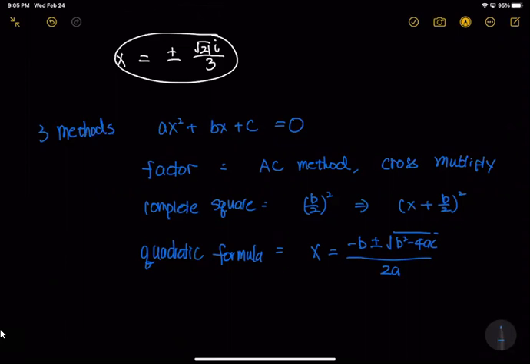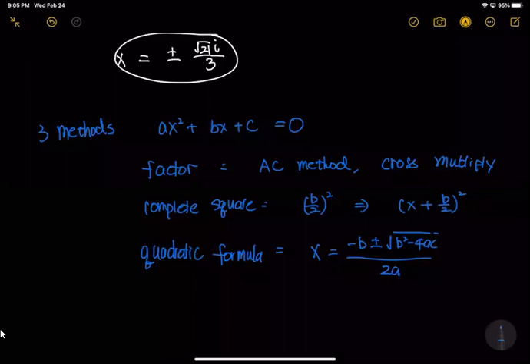So we have all the toolbox that we need. You can pick whichever way you feel comfortable with to solve the quadratic function, unless the problem from the quiz or from the text specifically asks you, hey, you have to use the quadratic formula. Otherwise, you can choose whatever method that you like.